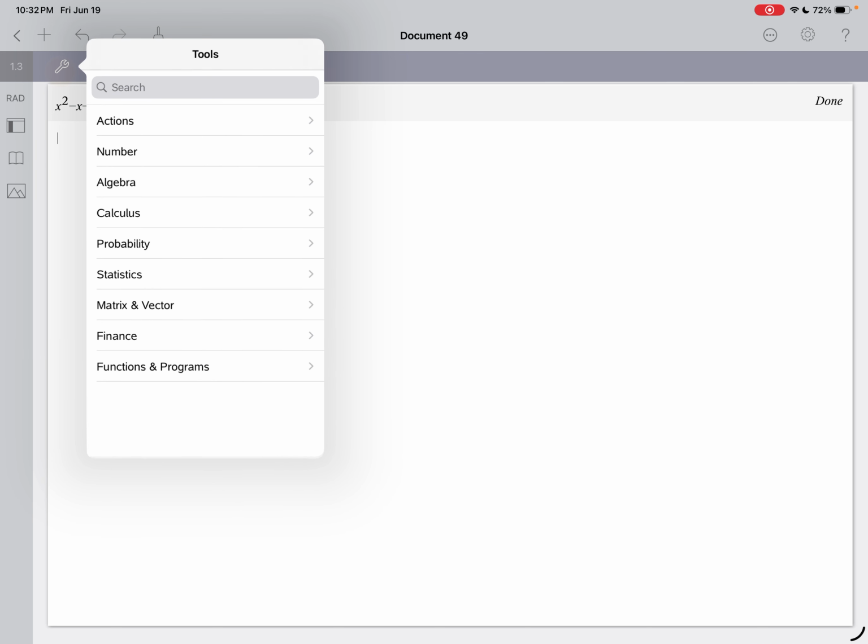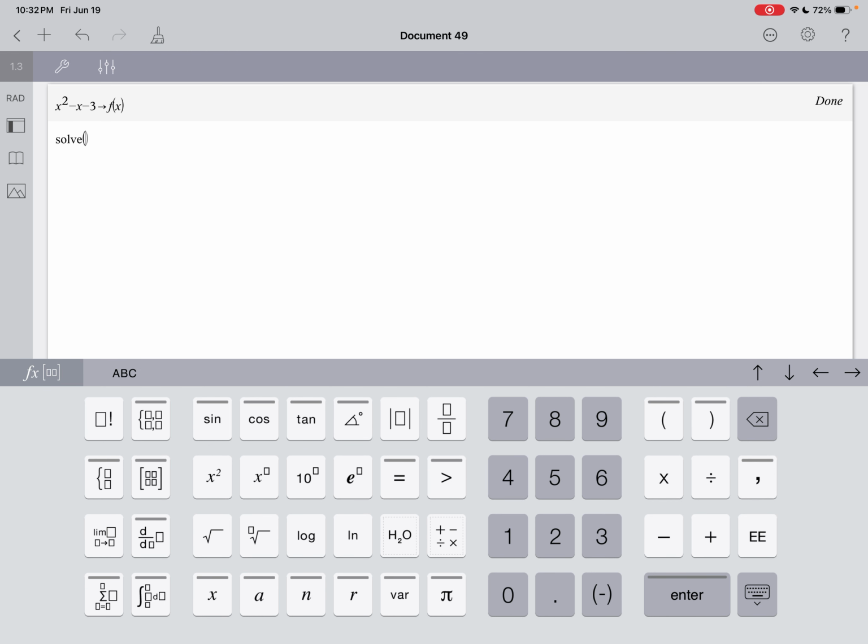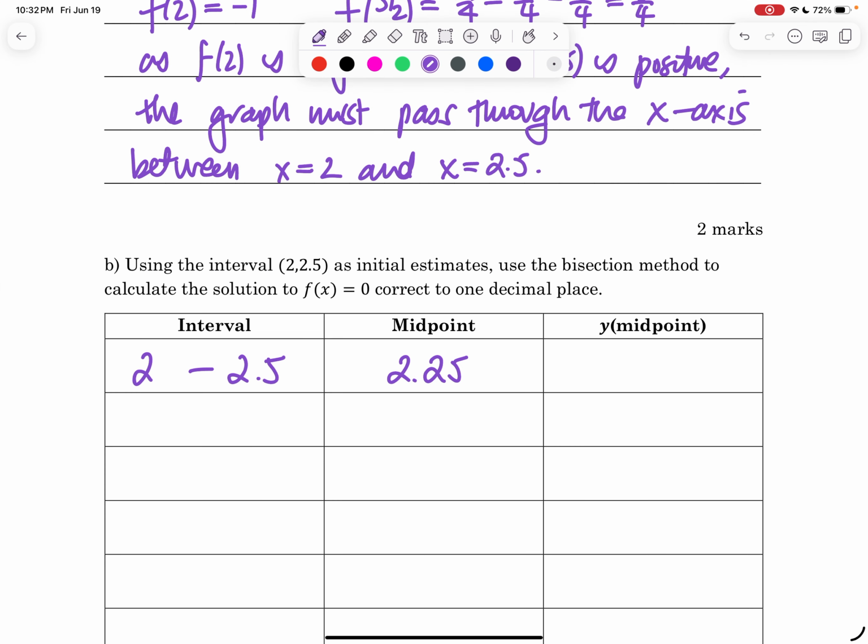If we solve that equal to 0, we get 2.30278. So we need to get 2.30.